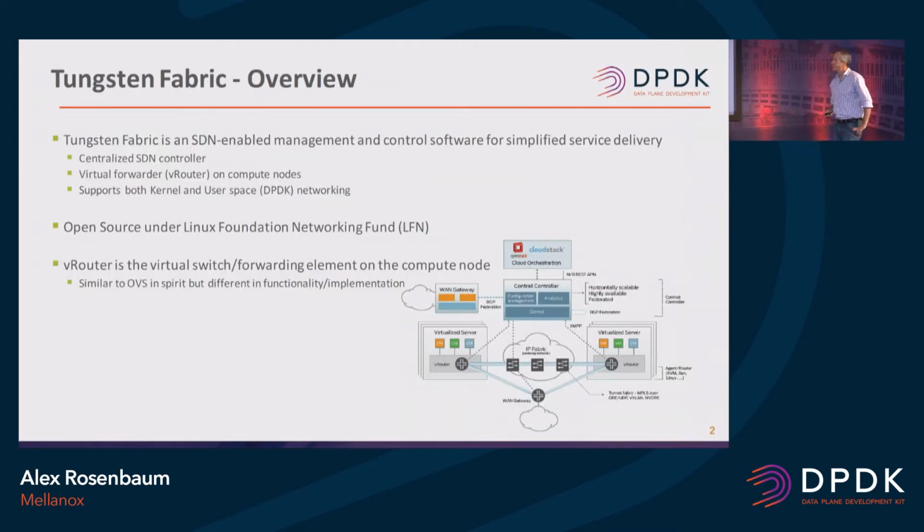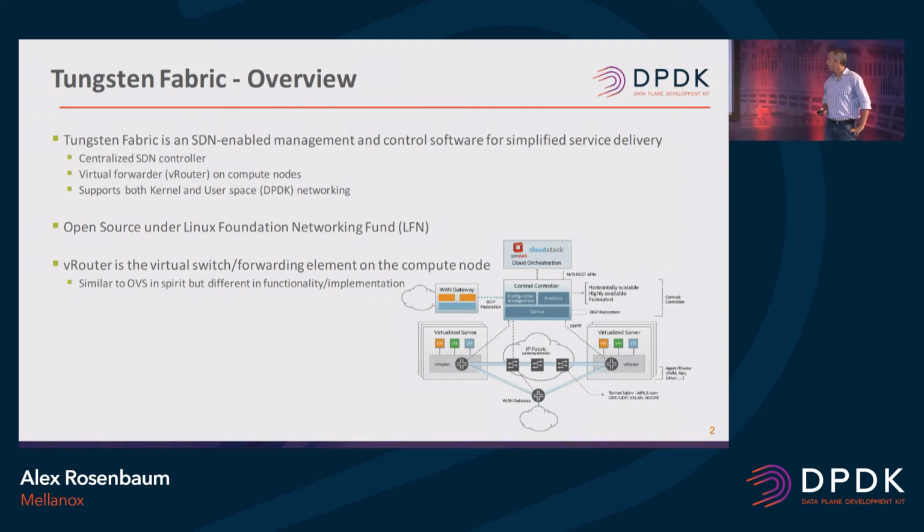So this is a very brief Tungsten and some more about what do we want from DPDK here. Tungsten Fabric is SDN-enabled management control software, a centralized SDN, with a virtual router forwarder on a compute node, and it has support for both Userspace and kernel. It's one of the LFN projects now. And the vRouter part of the switch forwarding is actually similar to what OVS does, where it manages packet transfer, kernel or user implementation.